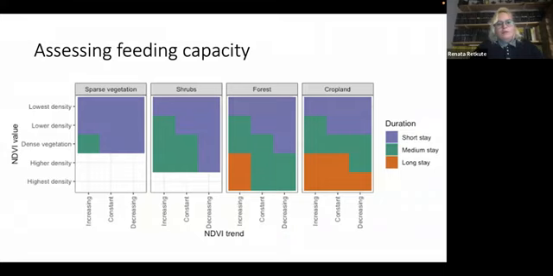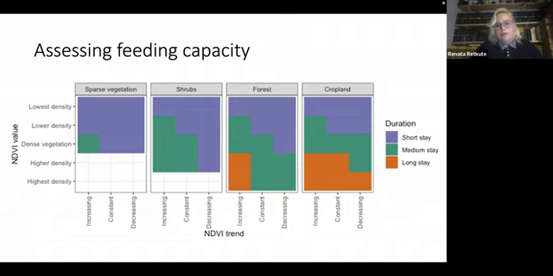So we know how they could move, but another aspect is determining what's happening on the ground. Let's say they move somewhere, how long will they stay? It depends on feeding capacity. So I looked at different literature and different NDVI profiles and came up with this scheme.